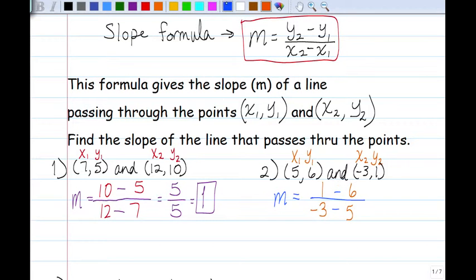So 1 minus 6 is negative 5, and negative 3 minus 5 is negative 8. Those negatives are just going to cancel each other out. So the final answer there would be positive 5 over 8.